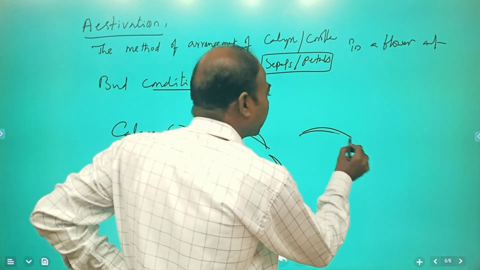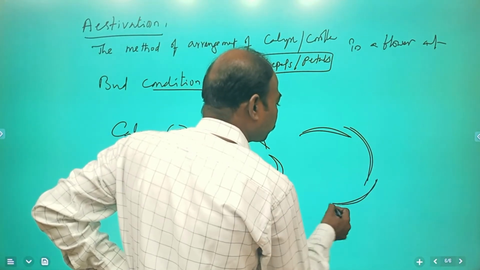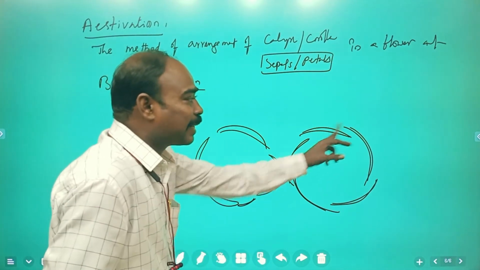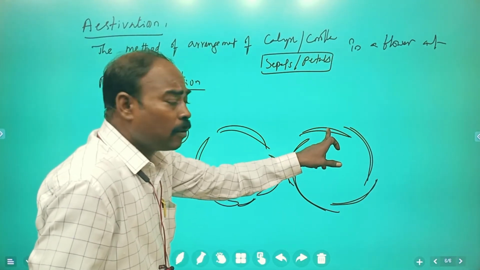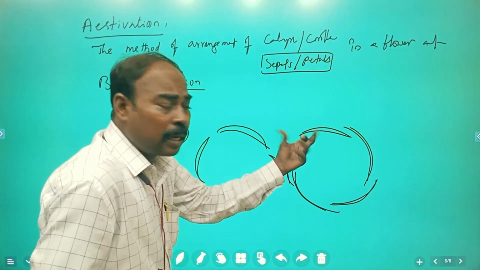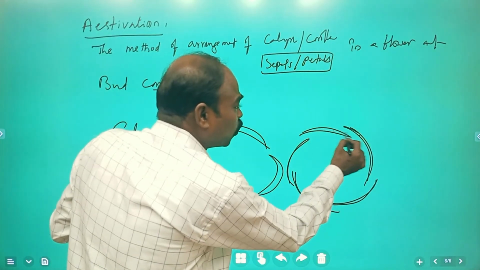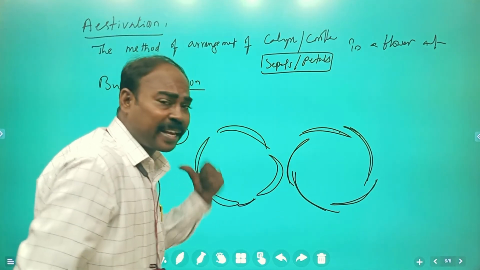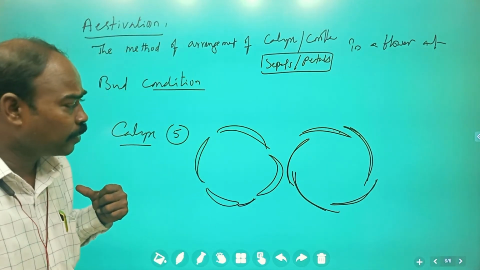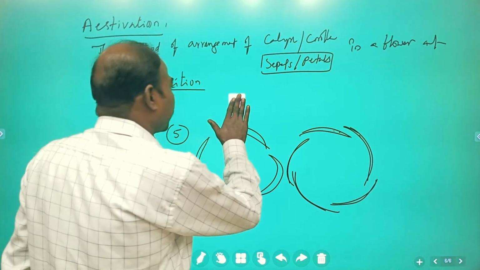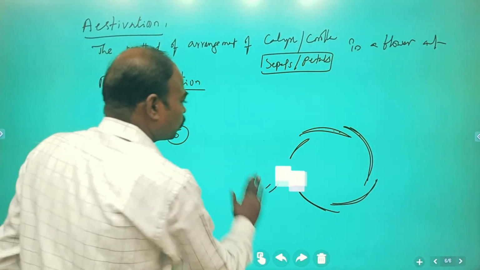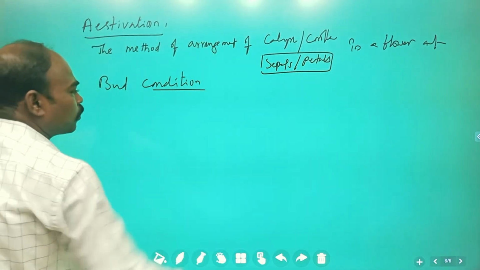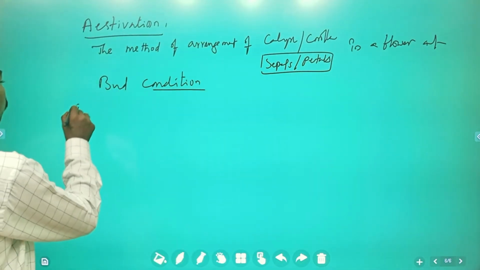Or the 5 sepals are arranged like this. Based on the arrangement of the calyx or corolla with respect to the other floral members in the same whorl, these estivation types were classified. What are the types of estivation? The types of estivation were classified into 4 types.